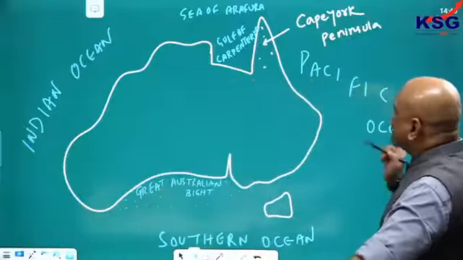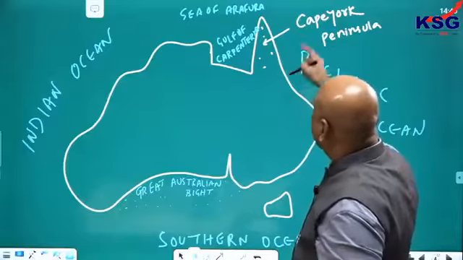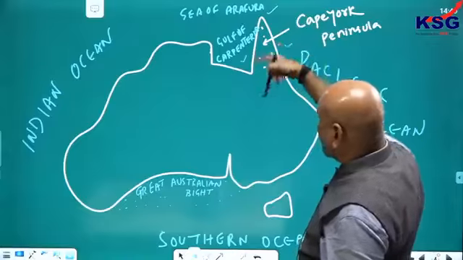Southern Ocean is here, Pacific is this side, Indian Ocean this side, Gulf of Carpentaria. ये देखो यहाँ इधर तीनों साइड वाटर है.